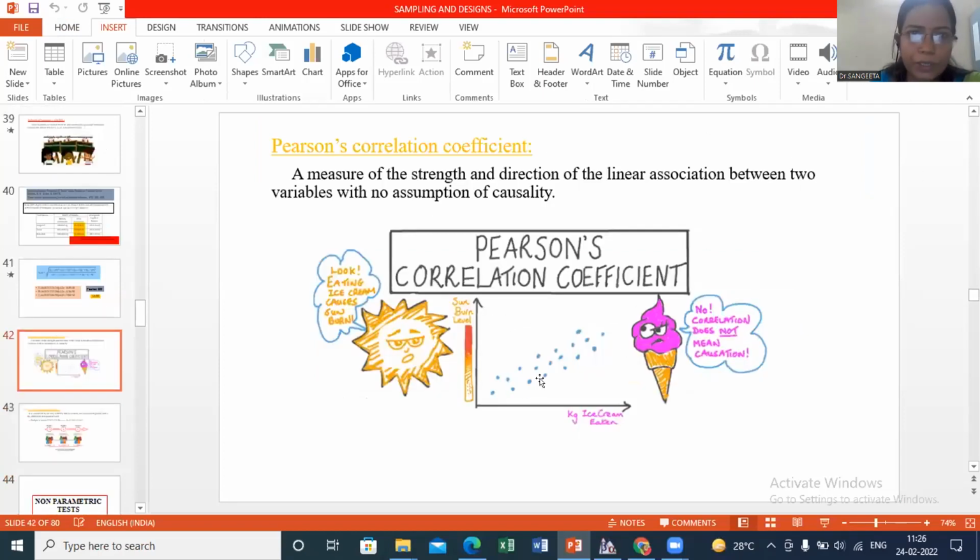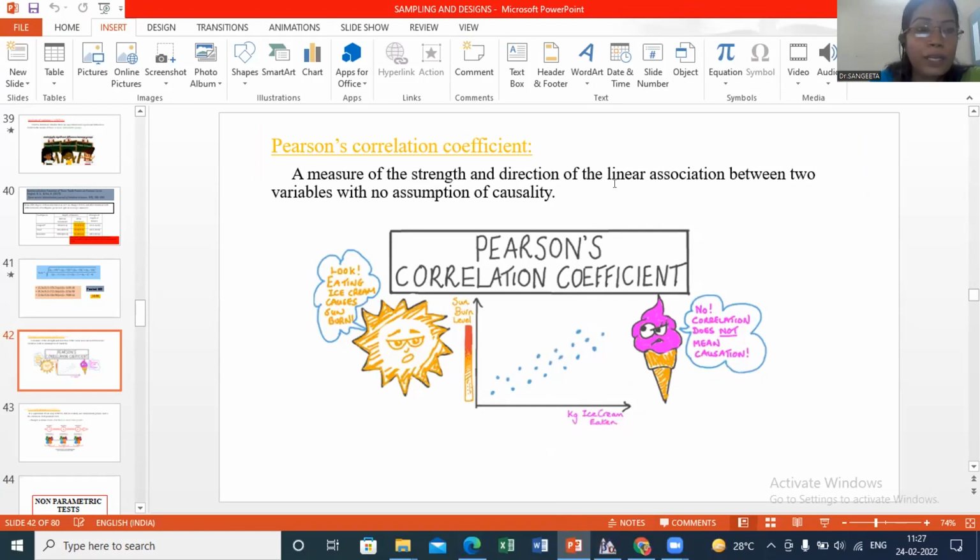Pearson's correlation. When you are going to check the relationship between two things, like dental caries and the frequency of eating sweets, when one increases, the other increases. So there is a relationship. That time we have to go for this.